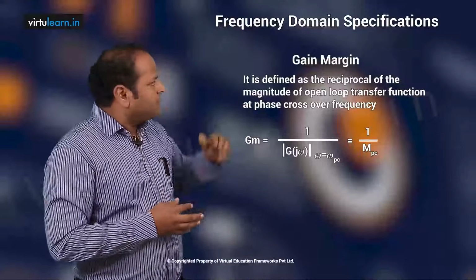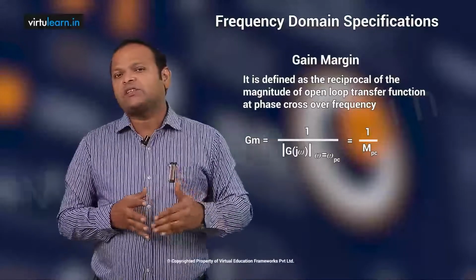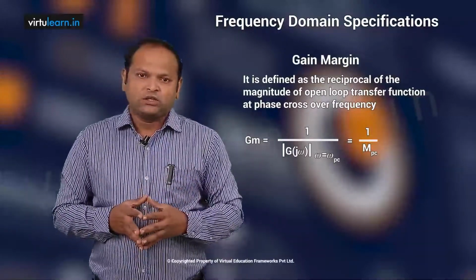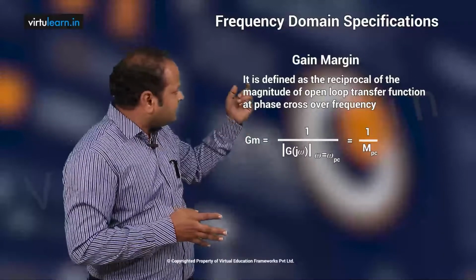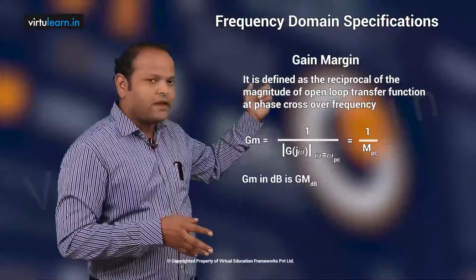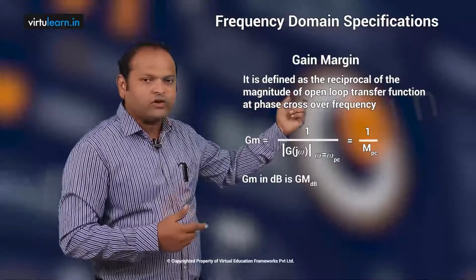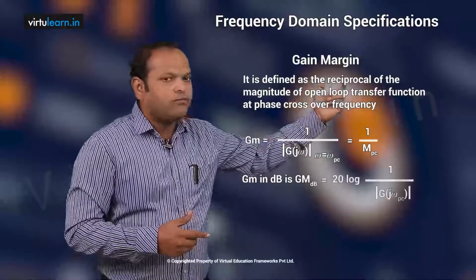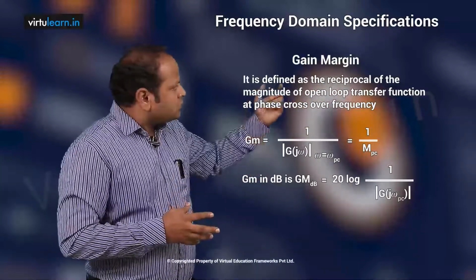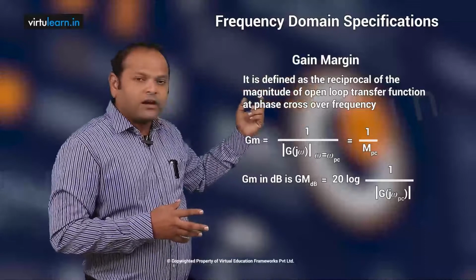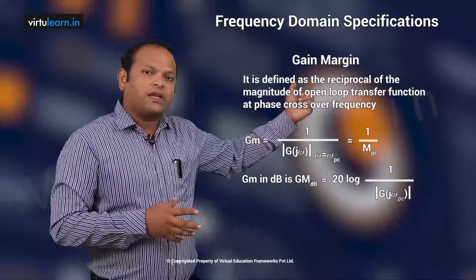So gain margin is 1 by M_pc, where M_pc is the magnitude of G(jω) at the phase crossover frequency. But generally the gain margin is expressed in decibels. So GM in dB is equal to 20 log of the gain margin, where the log is base 10.